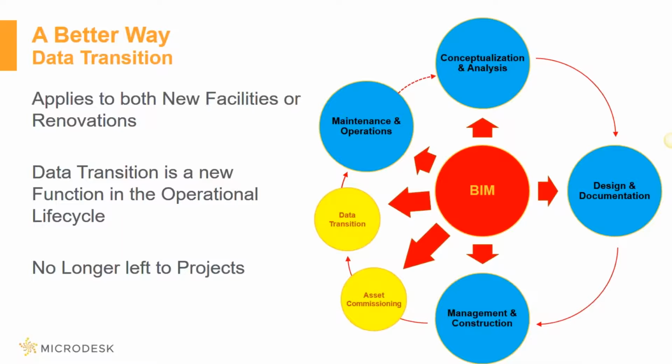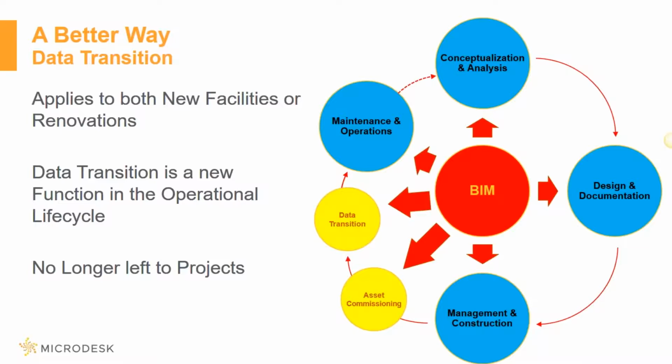The data transition period that you'll see in here is really the linchpin between the asset commissioning and the maintenance and operations. And really the key is to no longer leave that data transition period up to the projects. So before I was talking about the ISO standards and how asset management is elevated to a higher level within the organization.